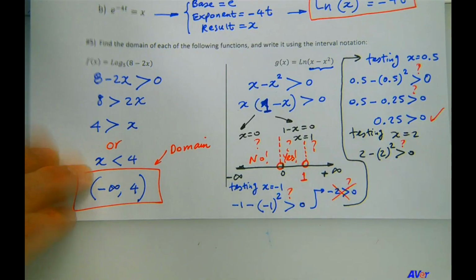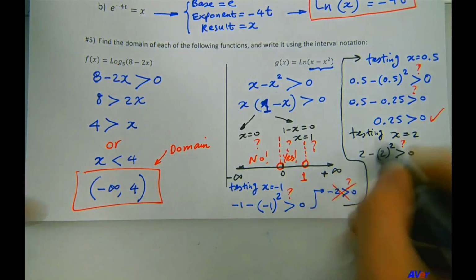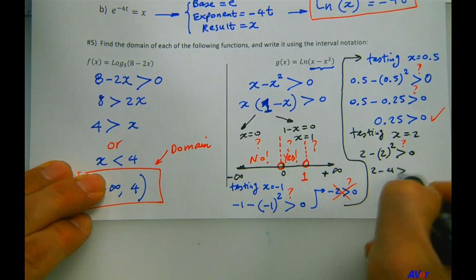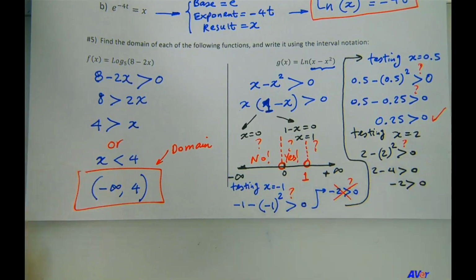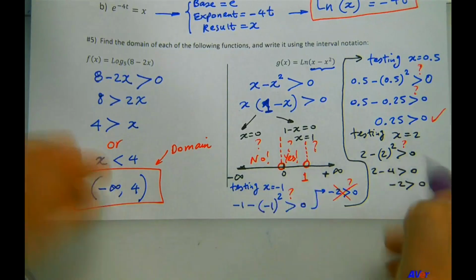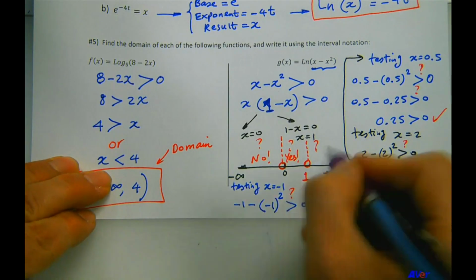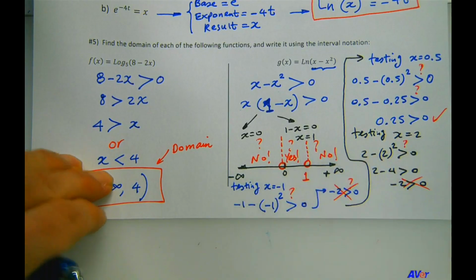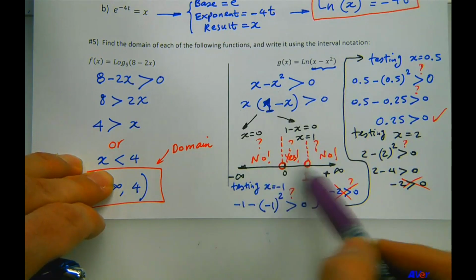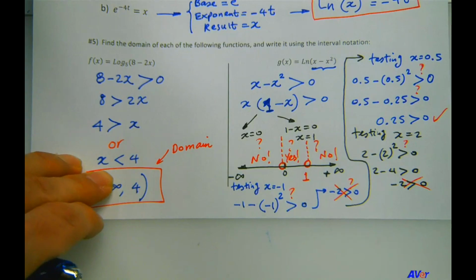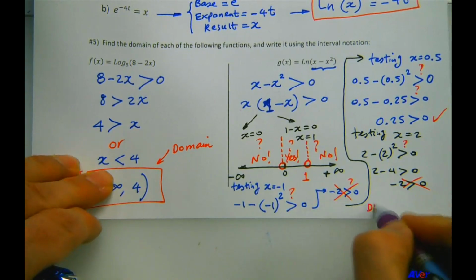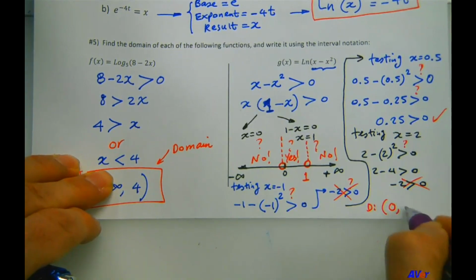So 2 minus 4 is minus 2, greater than 0? That's false, right? So we end up with no. The only domain for this natural log function is between 0 and 1, excluding 0 and 1. So the domain is parentheses 0 comma 1 parentheses.